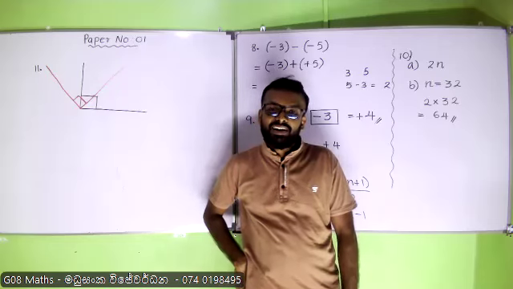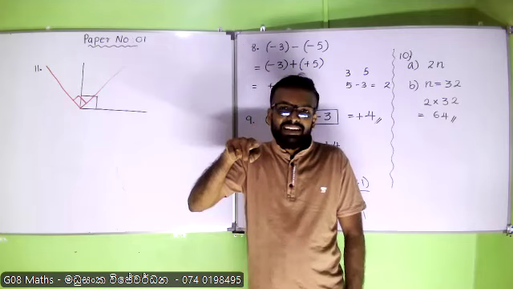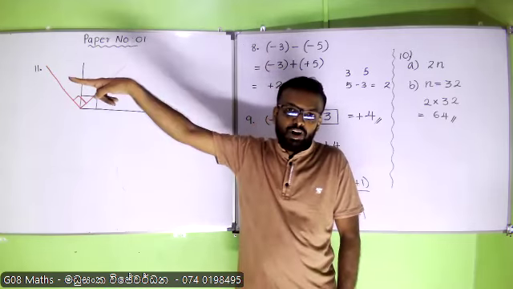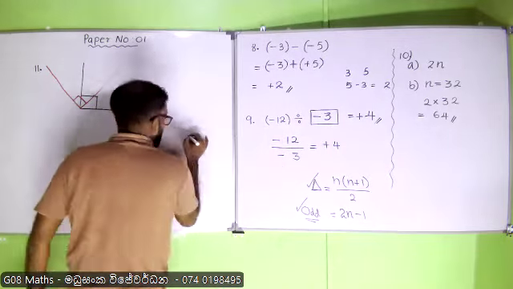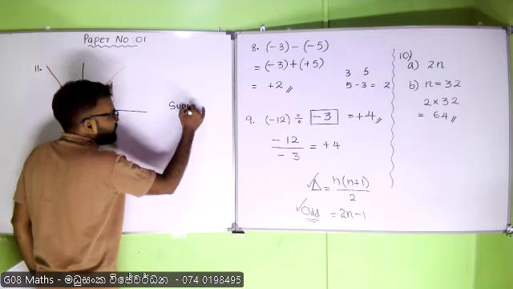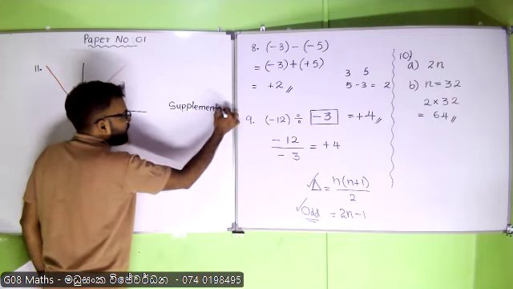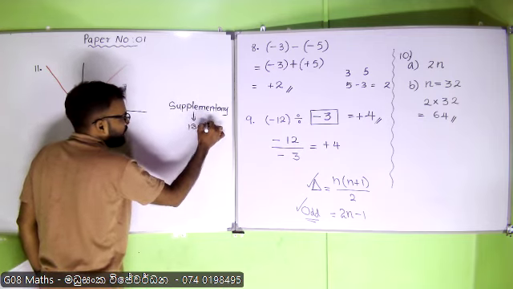Complementary is 90. Supplementary is 180. Right? So if you cannot remember, please write down. If you hear the word supplementary, you need to remember 180 degrees.